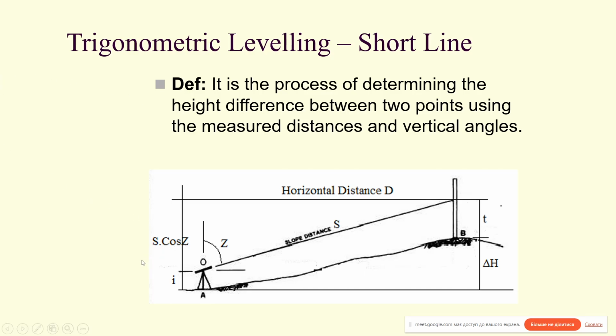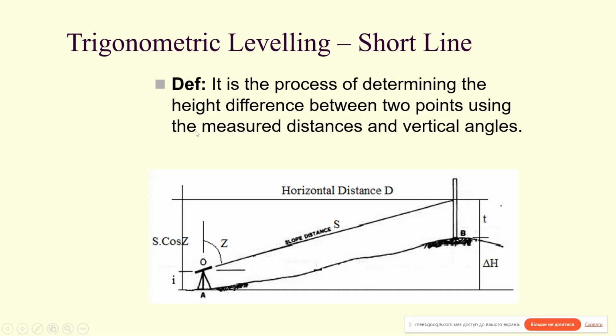In this case, the vertical distance is equal to S, slope distance, multiplying cosine Z, zenith distance.